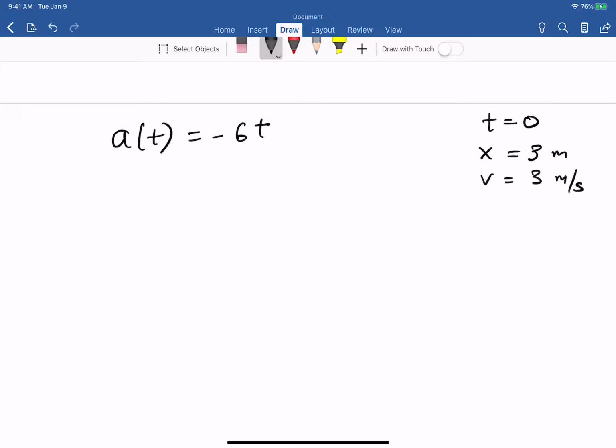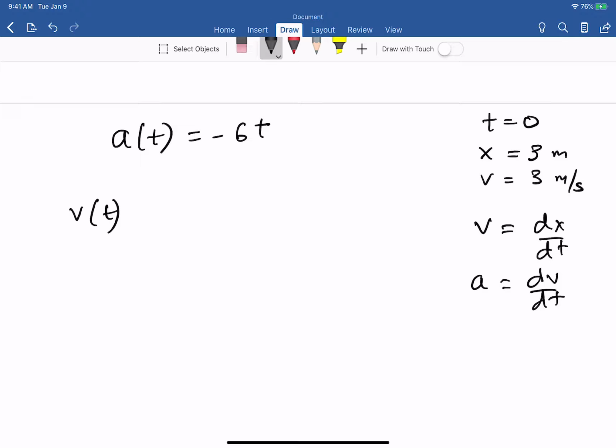Let's see how we would find out the velocity as a function of time. Essentially all that we're going to do is use these definitions: velocity is equal to dx/dt and acceleration is equal to dv/dt. That's all that we're going to do.